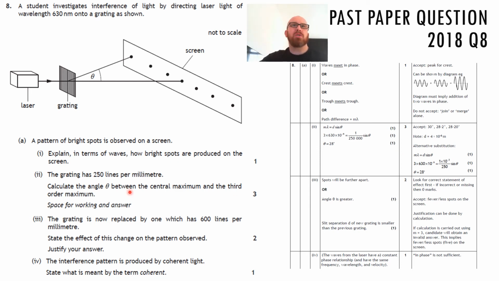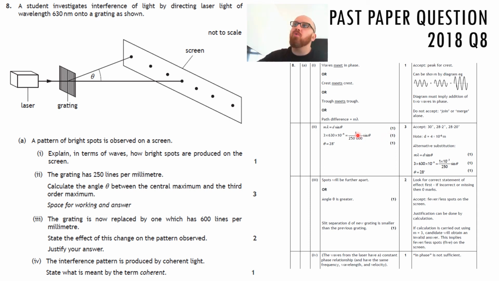Then it says a grating is 250 lines per millimetre. Alarm bells ringing. 250 lines per millimetre needs converted. Calculate the angle theta between the central maximum and the third order maximum, and you have 3 marks for that. So m lambda is d sine theta, 1 mark. Plug the numbers in. You're not getting an extra mark for doing your diffraction grating spacing, unfortunately.